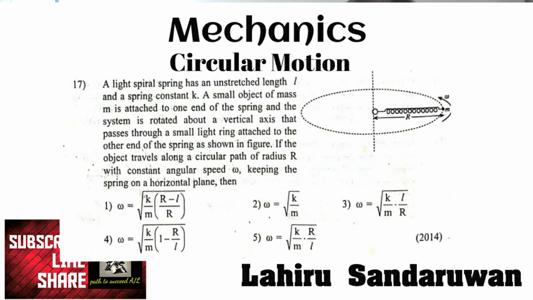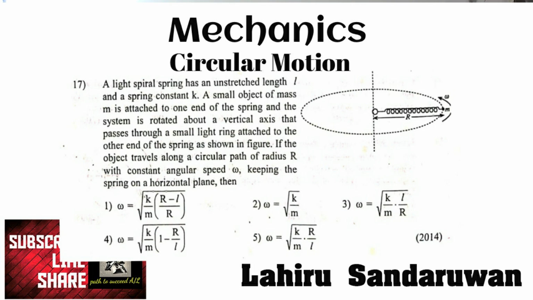A light spiral spring has an unstretched length L and a spring constant K. A small object of mass M is attached to one end of the spring, and the system is rotated about a vertical axis that passes through a small light ring attached to the other end of the spring as shown in the figure.